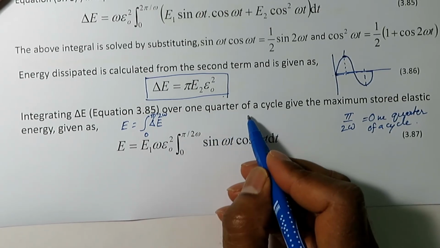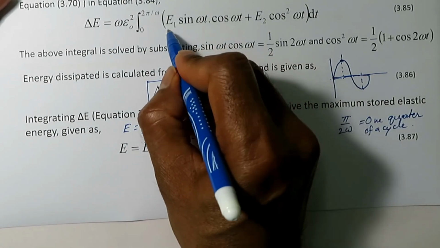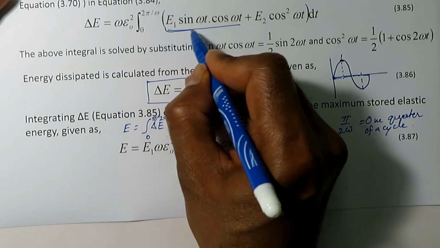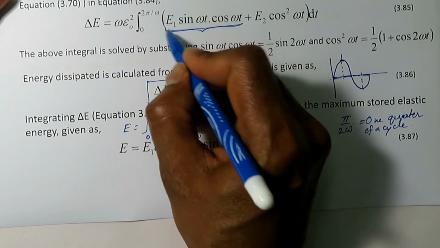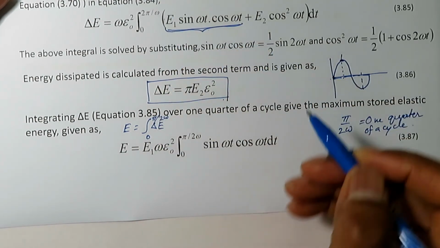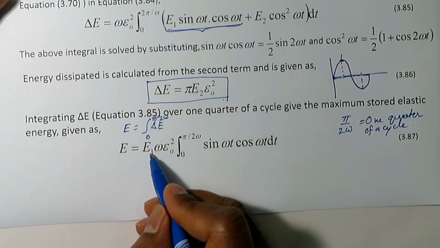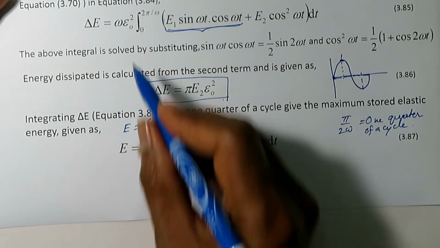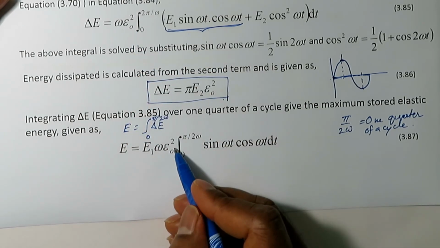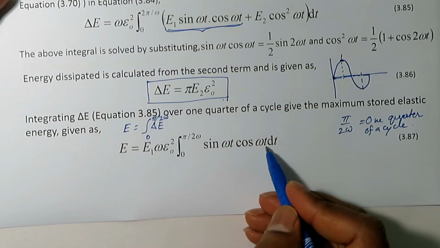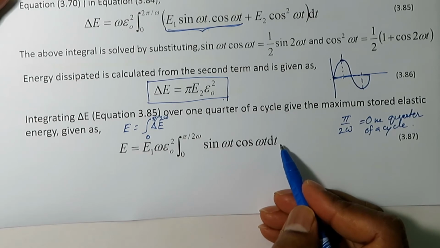Now for the energy storage, we will use the first term, this one, because this is the storage modulus and this is the real part. So we will write the same equation here, E1 omega epsilon naught square sine omega t cos omega t dt.